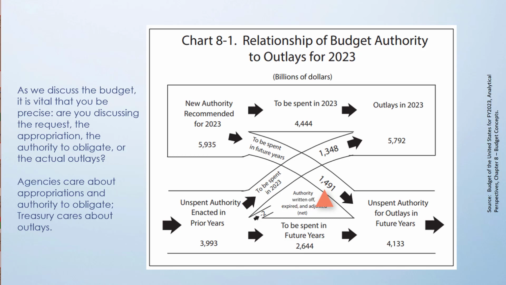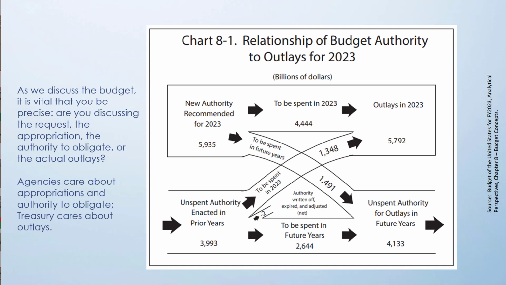And the remaining $1.49 trillion would outlay in future years. This would be a contract to buy a fighter aircraft that was placed in 2023, but it isn't paid for until the aircraft is delivered in 2025 or 2026.